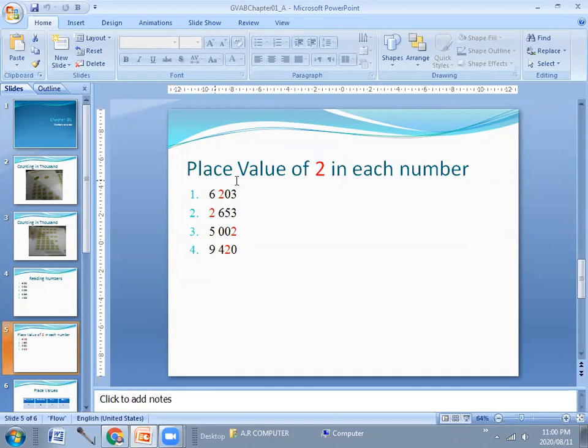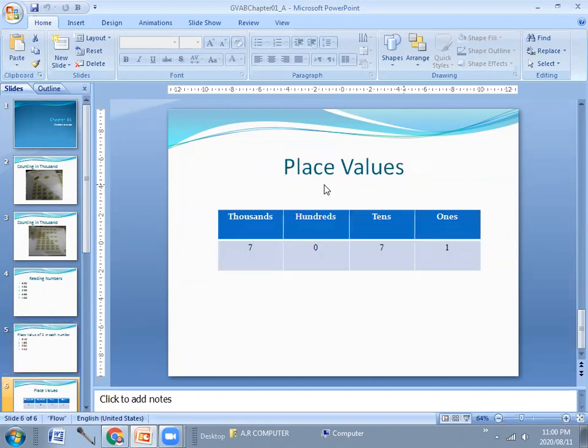Now moving to the next one, finding the place value of 2 in each number. Before doing these sums, let's recall place value. This is the place for ones.